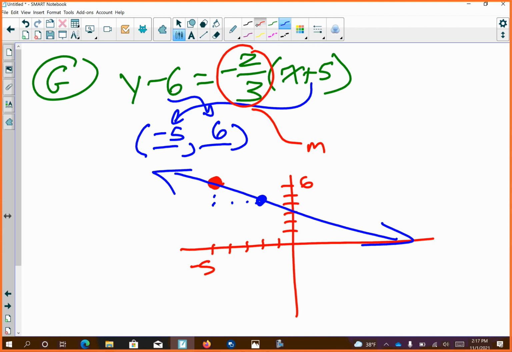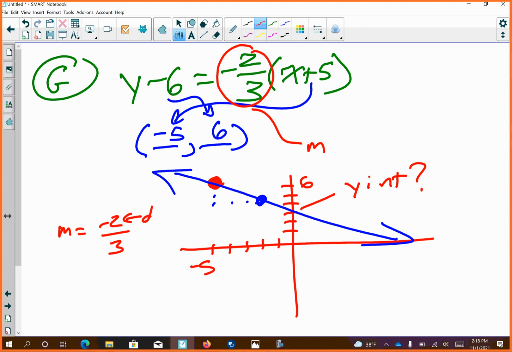Okay? Right now, the y-intercept exists, but I don't know exactly where it is. I didn't graph it that well. Are you okay with the negative 5, 6? Yeah. Okay, so we're good up to that point, right? Okay, so I have a slope of negative 2/3.